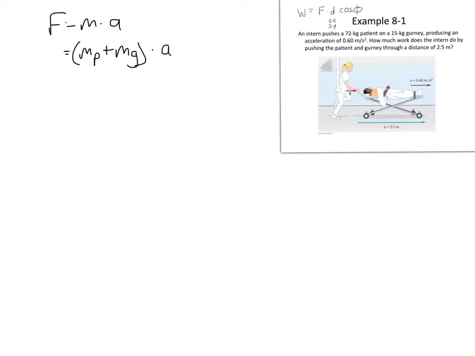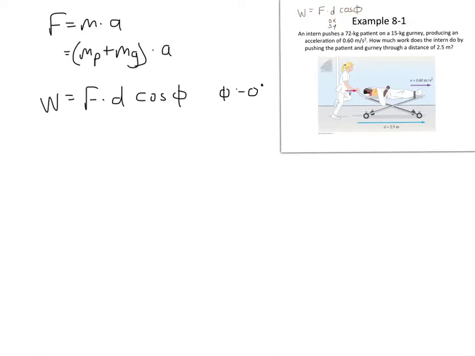And of course, if work equals force times distance times the cosine of the angle phi, what is the angle phi between the displacement and the force being applied? Well, there is an angle, but they're basically the same direction, so it's 0. If phi is 0 degrees, that maximizes the force applied in the direction of motion.